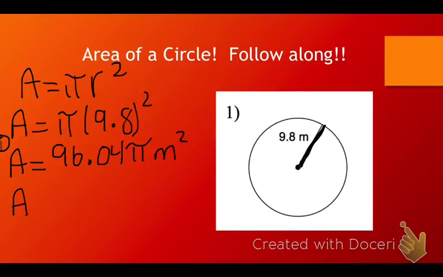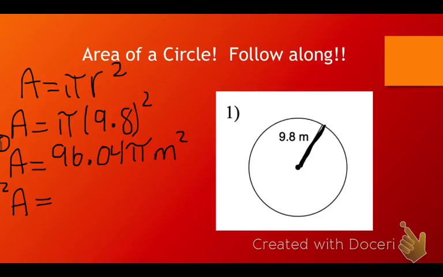Answer 2, all we do is we type in 96.04 pi, or times pi, and then we round to the nearest hundredth.